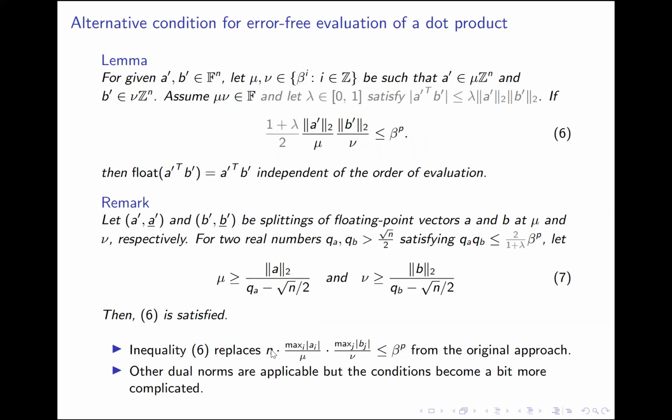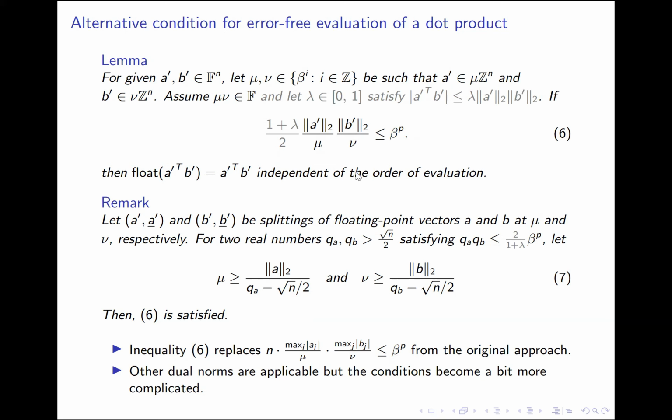But this can be seen as n times the infinity norm of A times the infinity norm of B divided by the respective splitting points, which should be bounded by beta to the power of p. And here we replace this by the product of the 2 norms of the respective vectors.